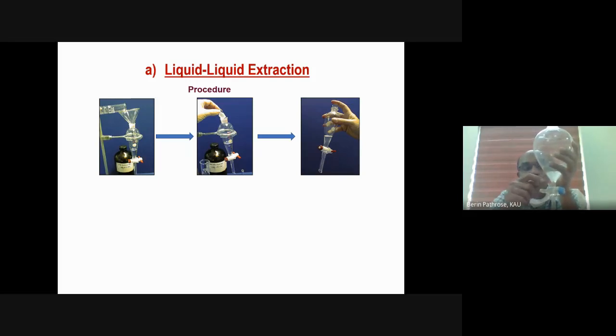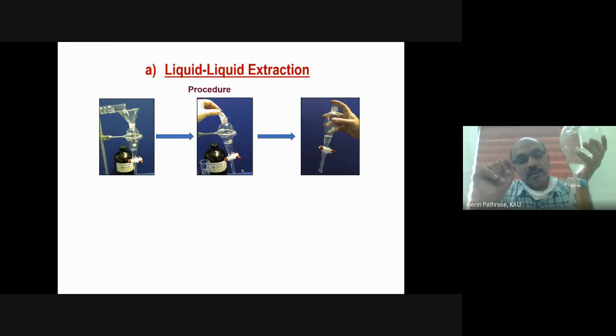We won't allow the water to come out. Then we add dichloromethane a second time, extract again, and remove the solvent. Then a third time. We repeat it 3 times for a single sample so that all the pesticide residues are extracted from the water sample. Are you clear now?